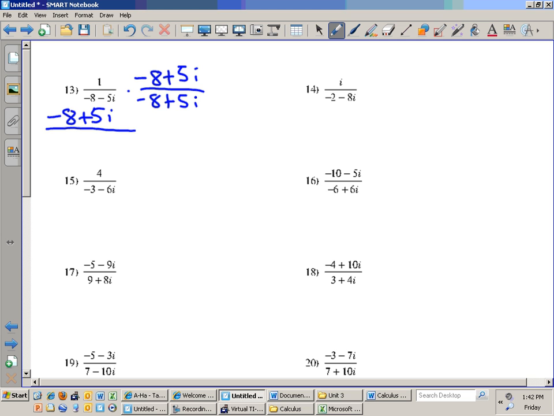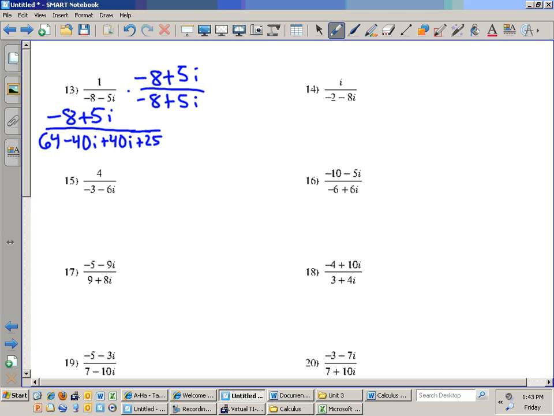Denominator, what's -8 times -8? 64. What's -8 times positive 5i? -40i. Then I have -5i times -8, which is positive 40i. And then I have negative 5i times positive 5i, plus 25.